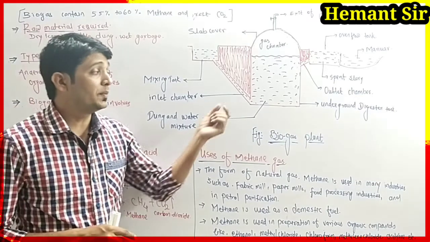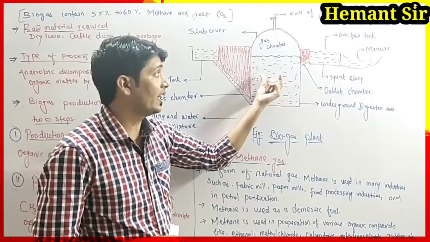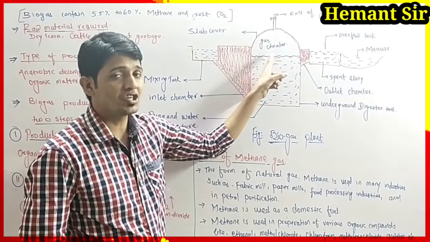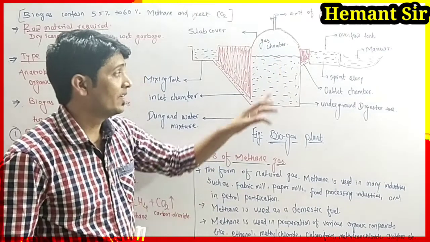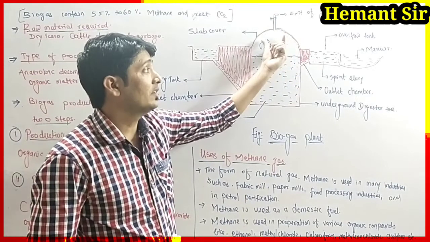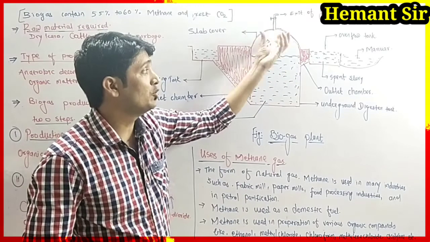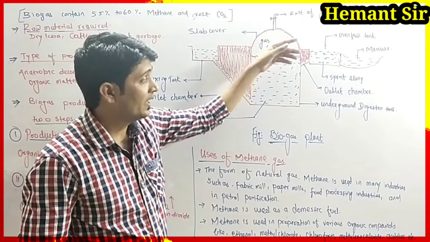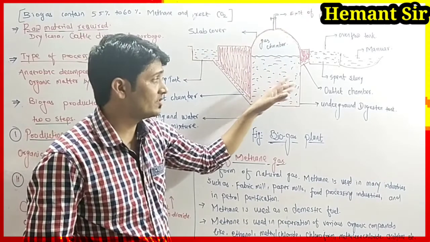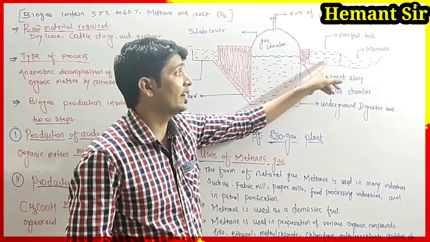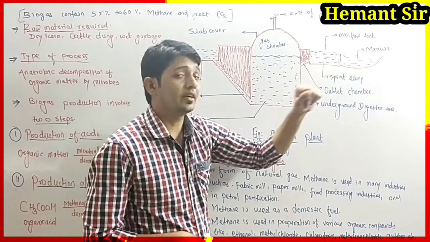This methane gas produced in the tank is collected in the gas chamber, which is just above the digester tank. When the gas is formed, it produces pressure. That pressure pushes the slurry downward and it is collected in the overflow tank.